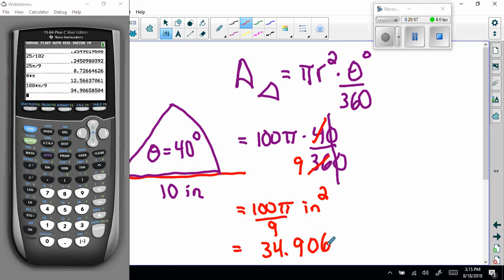I truncated this time, inches squared. If I'd have rounded, it would have been 34.907. By the way, MML, they're always rounding no matter what.